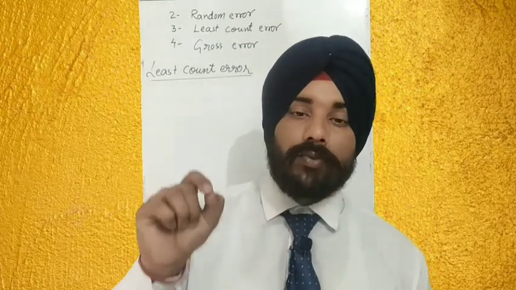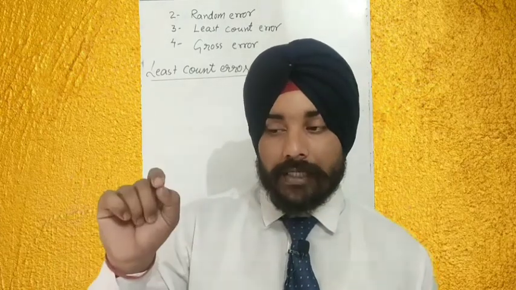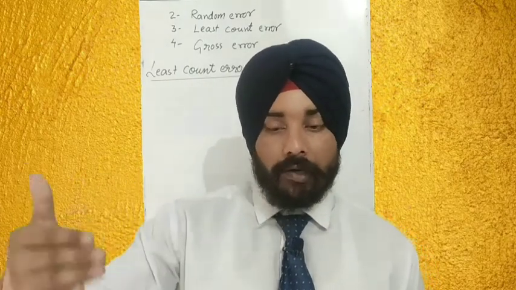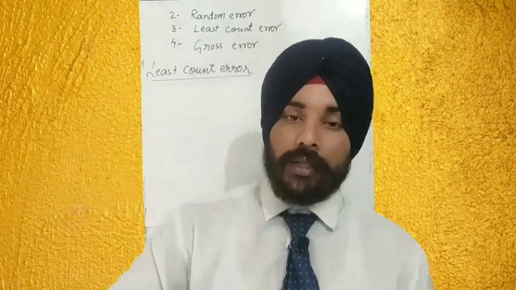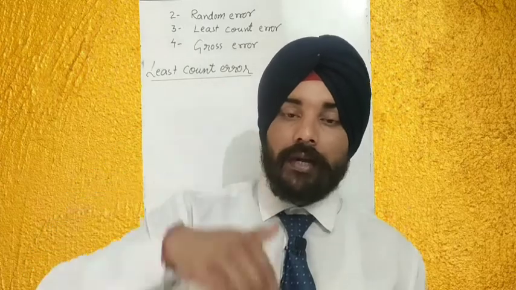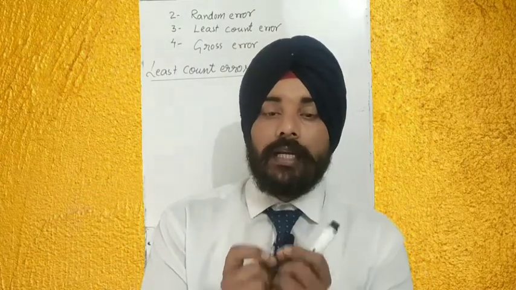So what does this smallest value tell us? The smallest value tells us this particular instrument cannot measure anything below this value, and this smallest value is called least count.